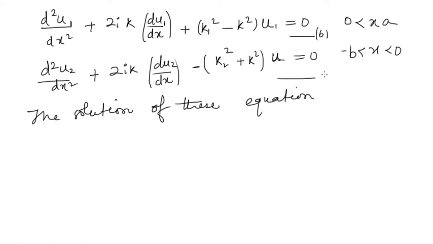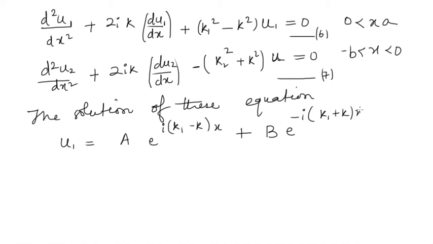Okay, the solution is u1 is equal to a e to the power i(k1 − k)x plus b e to the power −i(k1 + k)x.